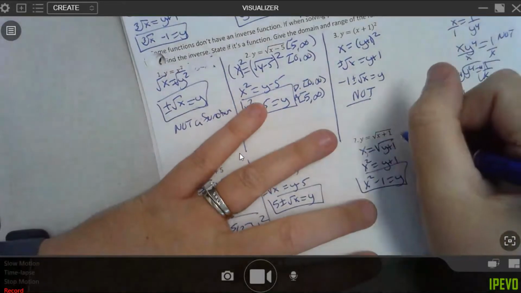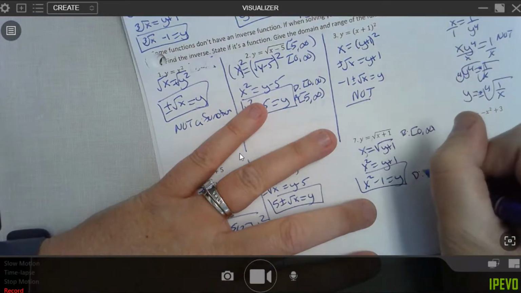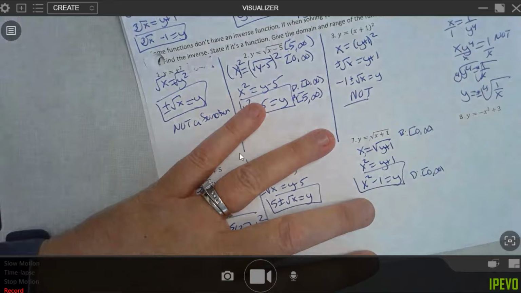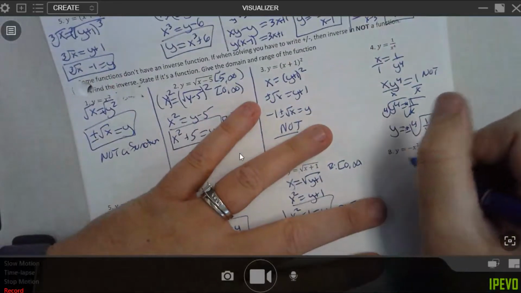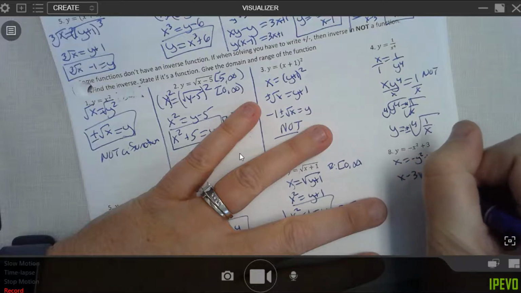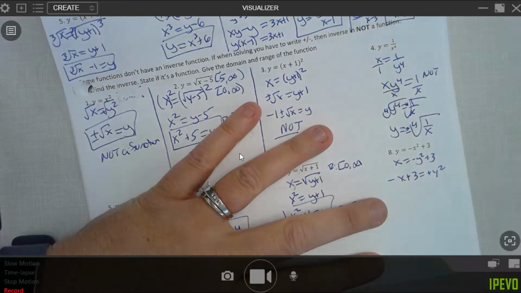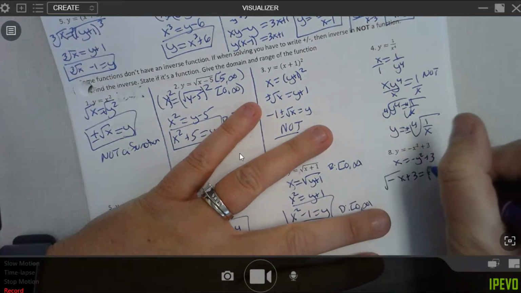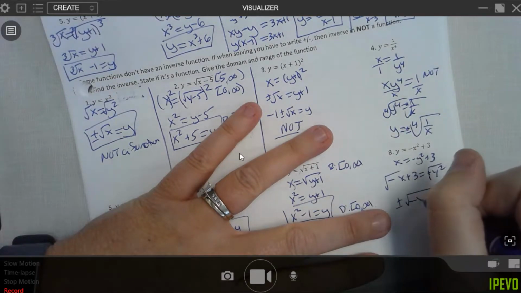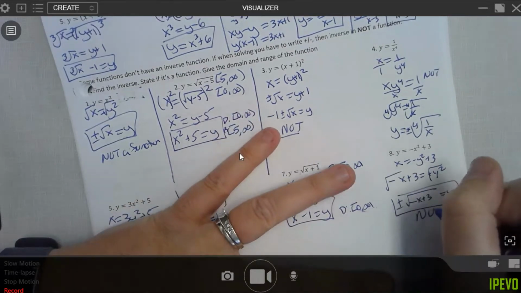Remember, the range on this one was 0 to infinity, so the domain on the inverse, since you switched them, is going to be that same thing. To subtract your 3, I'm going to divide by -1, which changes all the signs, and then square root. Plus or minus means it's not a function.